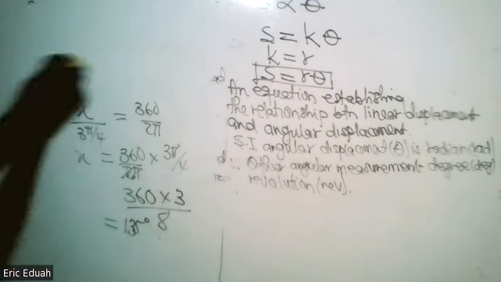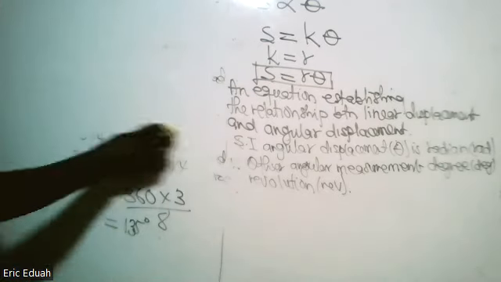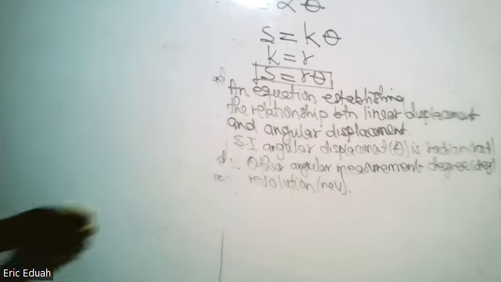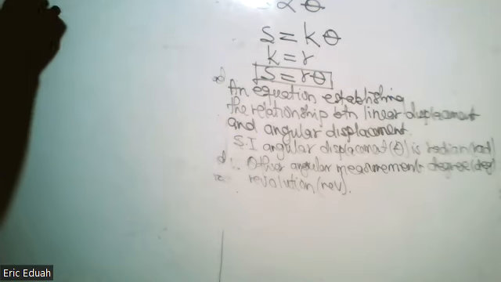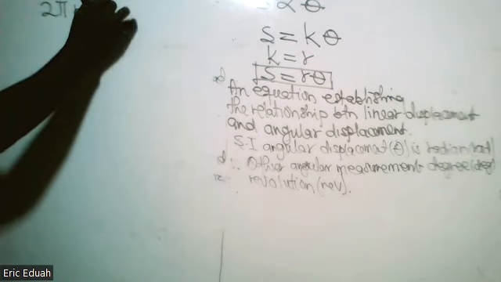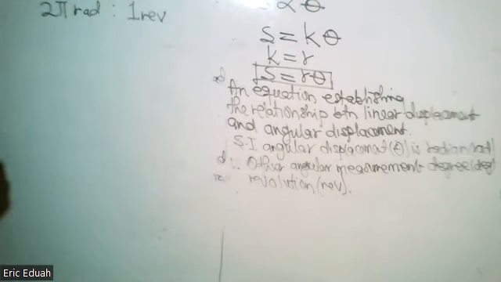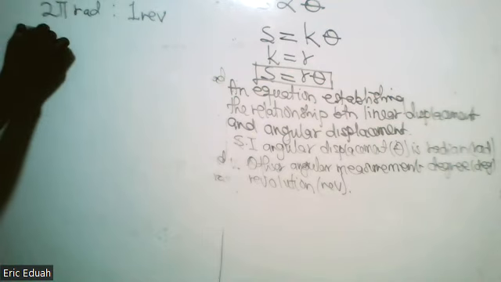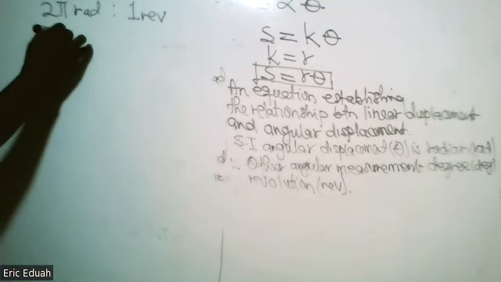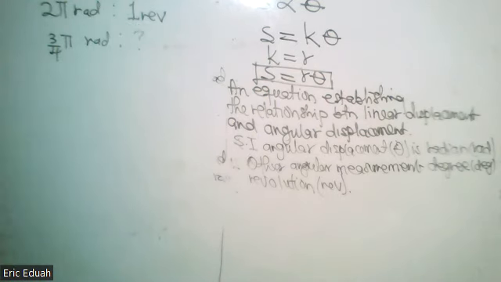Let's look at the second question, converting this to revolution. So 2 pi radian is to 1 rev. Okay, I have 3 on 4 pi radian. That will be unknown. So by ratio and proportion, you can find that.